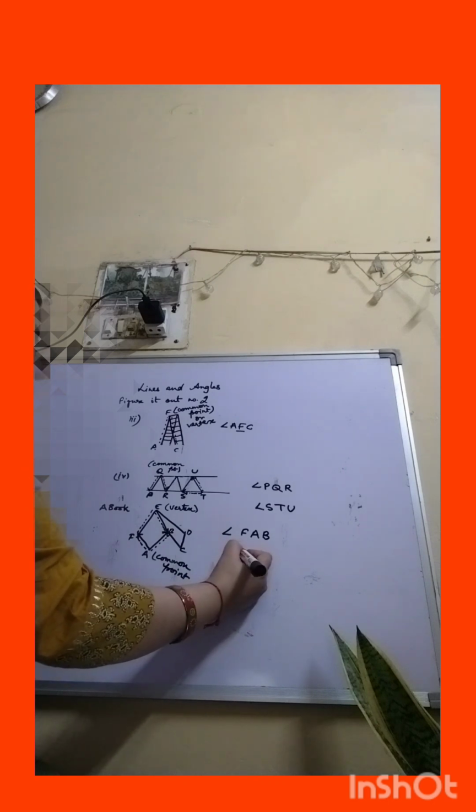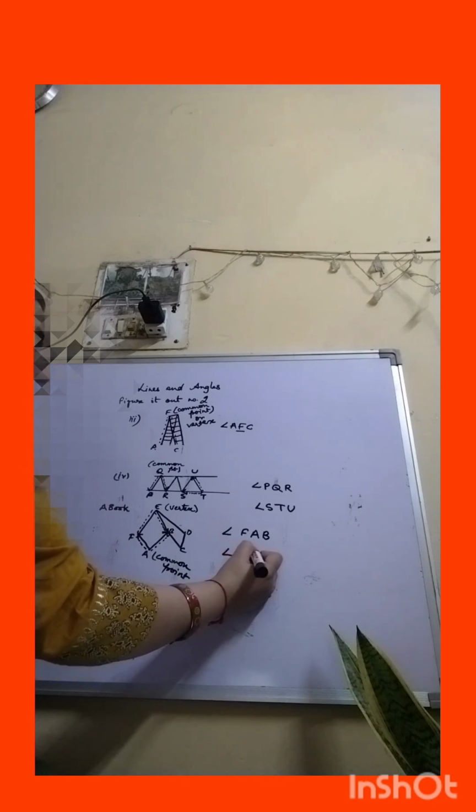You know that an angle is made from two rays. So you would take EF and EB. So my rays here become these two, EF and EB, and in the name of the angle E should come in the middle because it is the vertex, and the angle is FEB. So this is how you name an angle.